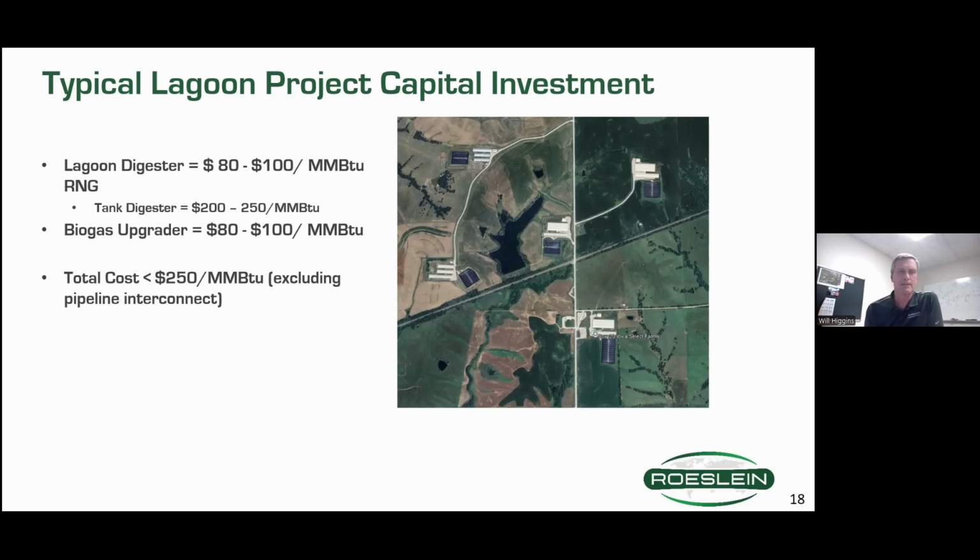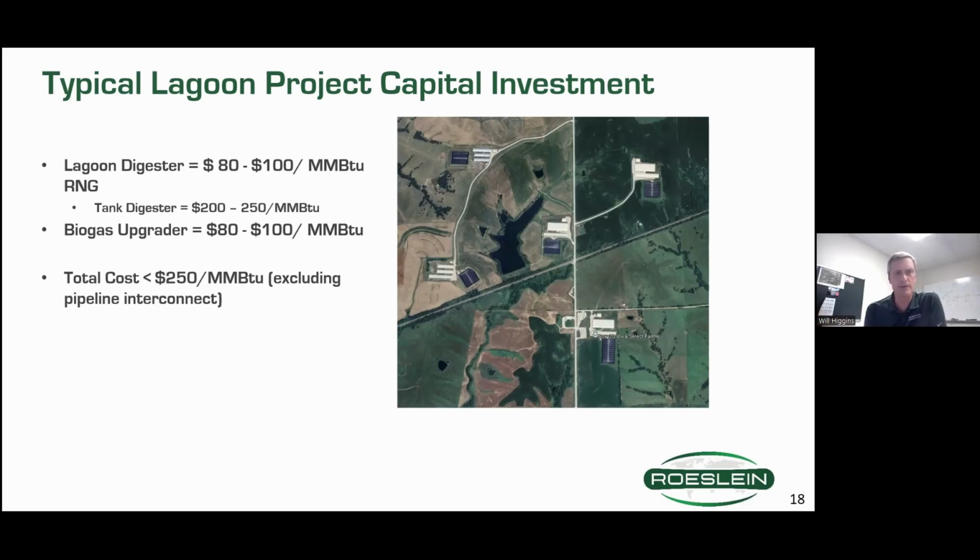And it can probably cost less if you already have an earthen lagoon sitting there and all we have to do is cover it. But if you had to build a new earthen lagoon, that would be that 80 to 100. And a tank digester, just for comparison, is on the order of $200 to $250 per MMBTU to produce the same amount of gas, essentially.